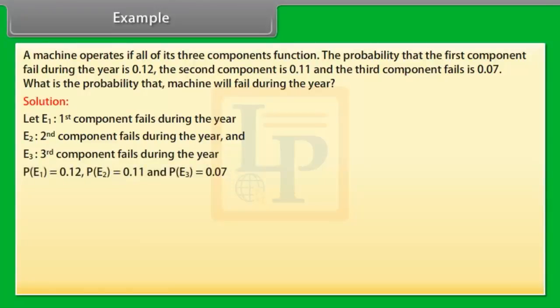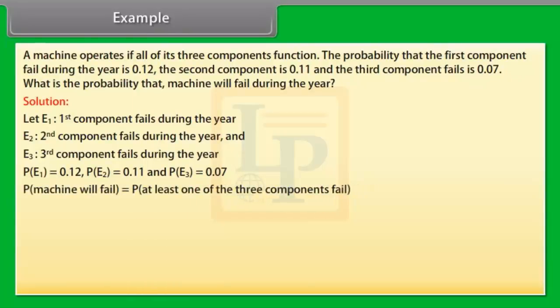P(E1) is equal to 0.12, P(E2) is equal to 0.11 and P(E3) is equal to 0.07.